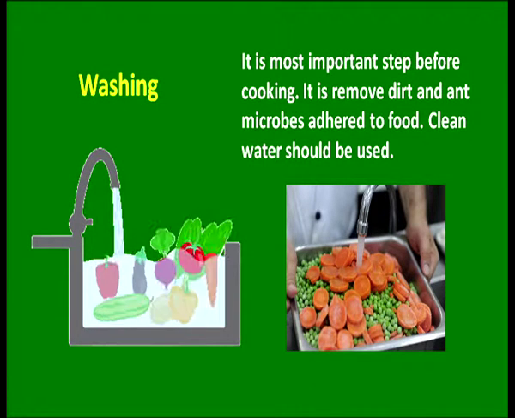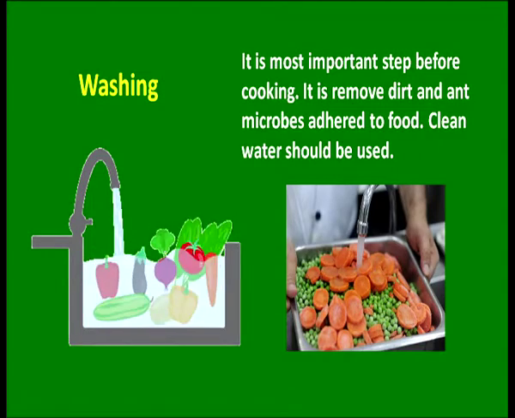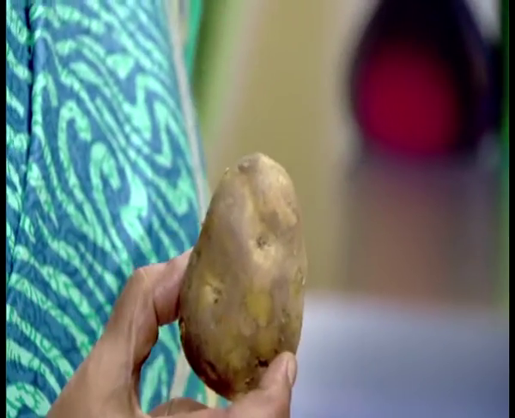Now, we will understand one by one. First, the most important activity of any kind of cooking or any activity related to food is washing. I'll show you. This is the potato which you get from the market. Can you use this as such? No. So what do I have to do with this? This is water.